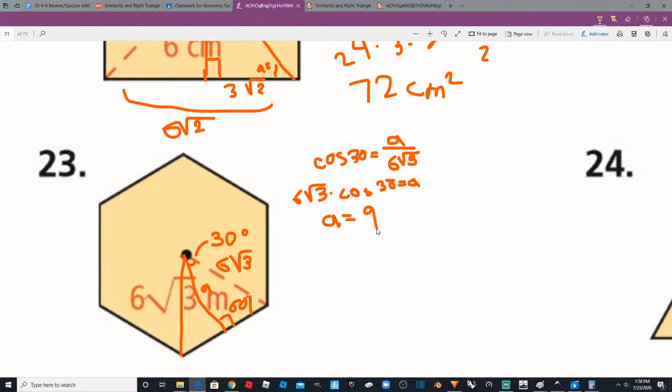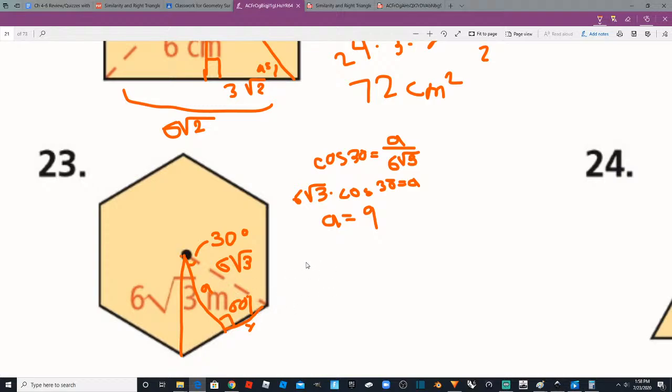Okay, now we need to solve for this bit right here. Okay? So we want to know this bit, which I'm going to label Y. I like labeling unknown segments with variables. And I have the opposite of 30 and the hypotenuse.